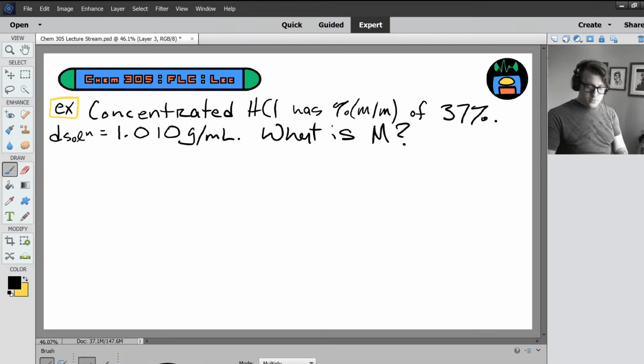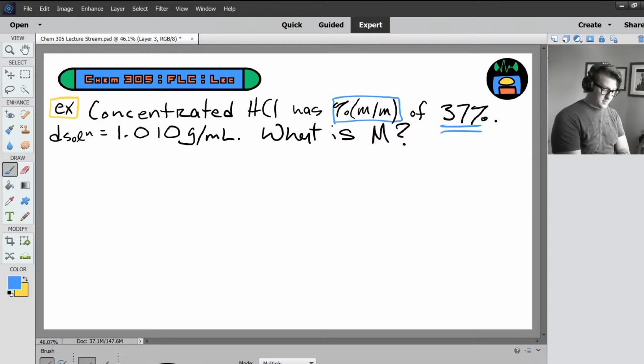All right, now notice we have been given percent mass, right? That tells us that we have 37 grams of HCl in 100 grams of solution.